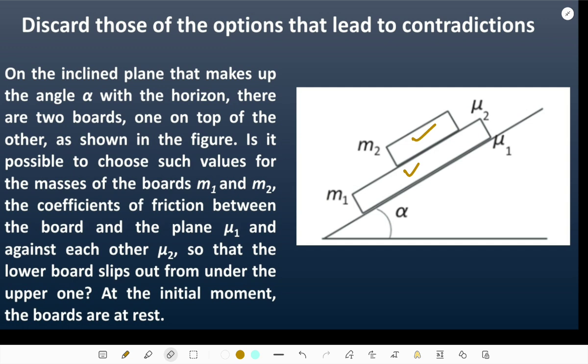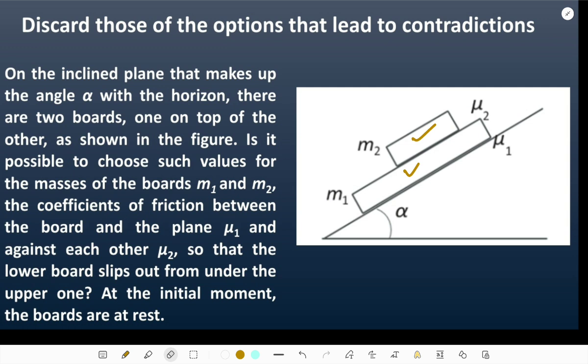I don't think it is difficult to find out what forces act on the boards, but to exactly find the direction of the force of friction on the boards, we need to know what are the velocities of the boards. That means the force of friction of the boards against each other depends on their relative velocity.